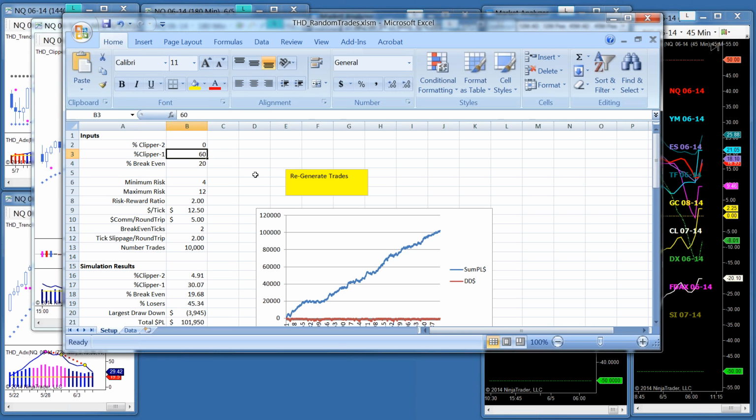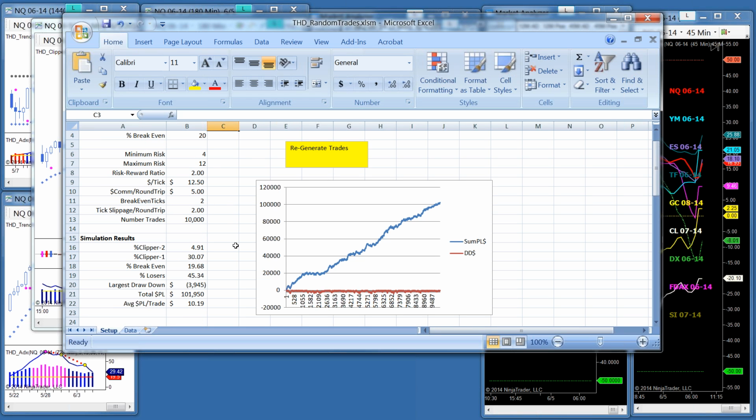Well, at 60% winners, 20% break-even, you set your goals real high. You can't have 30 because then that would only give you 10% losers. That's not realistic at all. How many ticks of slippage?